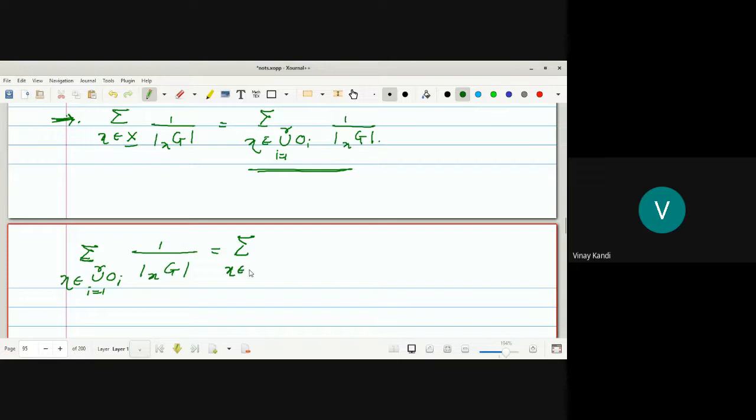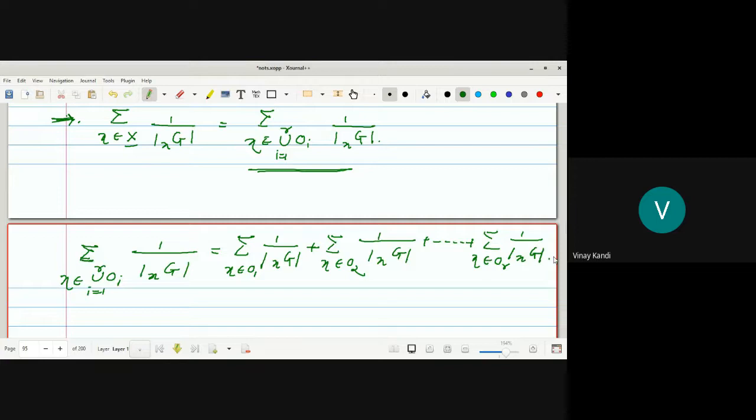Calculate the summation over x belongs to O1, 1 upon xg, plus summation x belongs to O2, 1 upon order of xg, plus up to summation x belongs to OR, 1 upon order of xg.